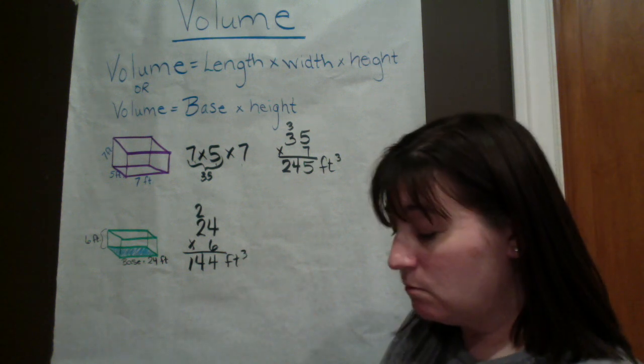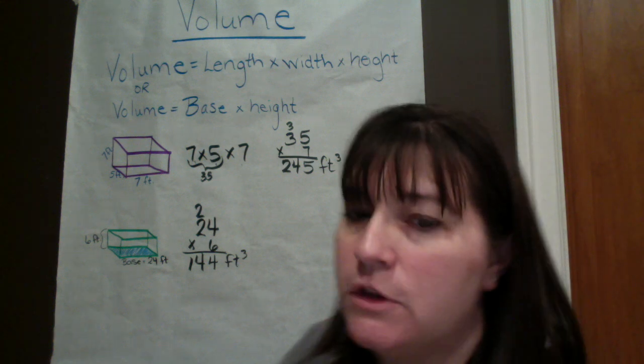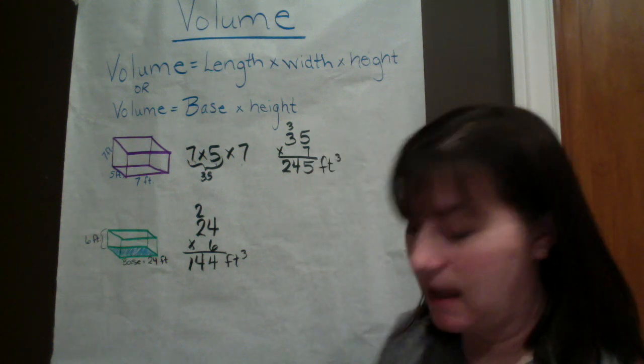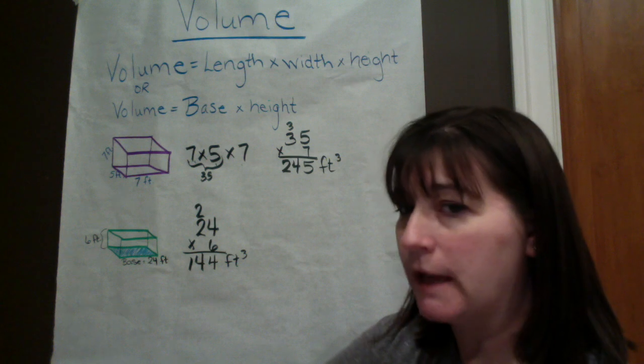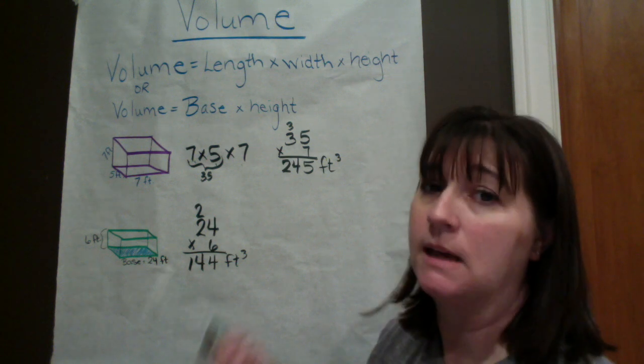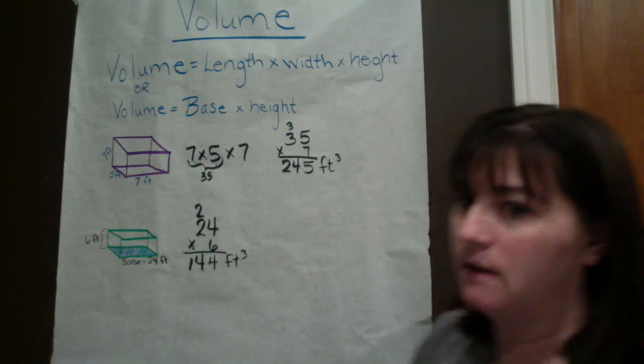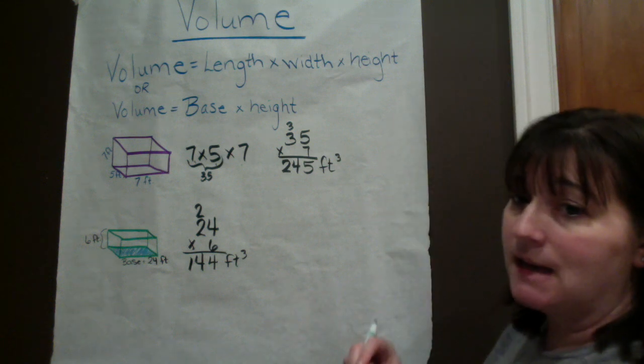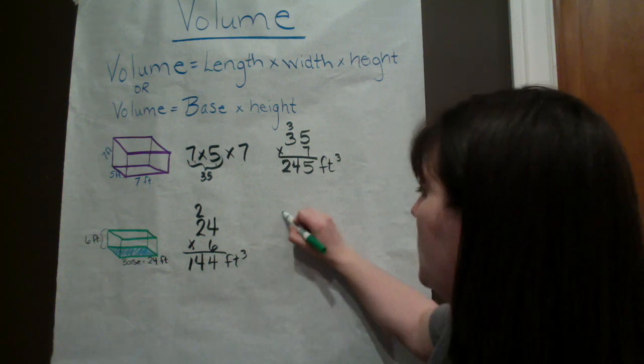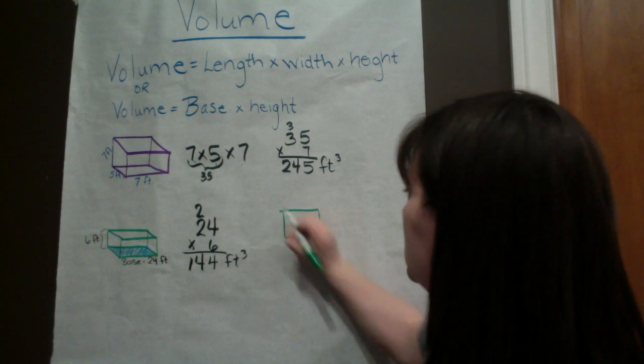Okay, now, I believe all of the shapes that you're going to work with today, you have to multiply all 3 numbers. So you have to take base times, or length times width times height. Okay, so let's make another 3D shape here.